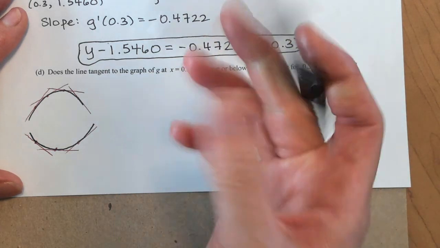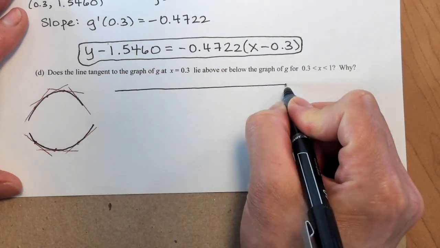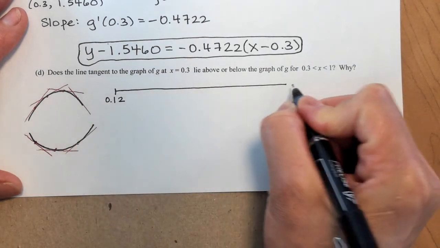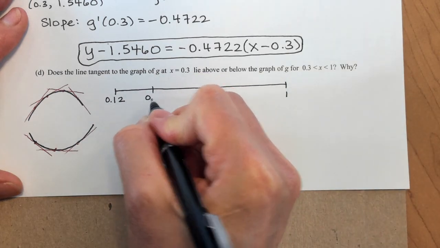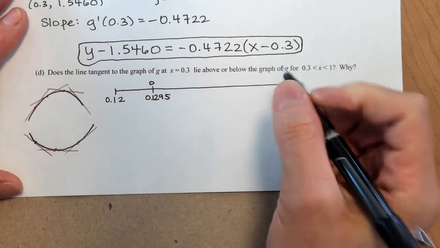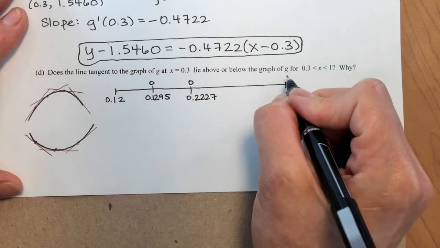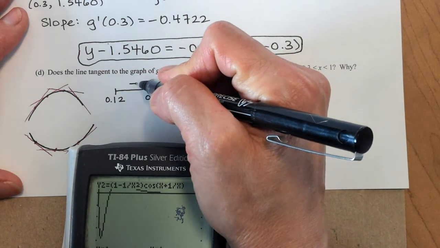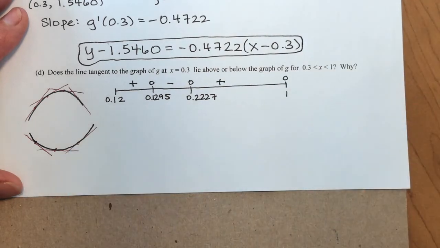Again, we don't need to go into this much detail, but summarizing what we saw from part B, starting at 0.12 and going to 1, we had that 0.1295 was a 0, and 0.2227 was a 0, and 1 was a 0, and then according to our graph, the second derivative is positive in this interval, negative in this interval, and positive in this interval.